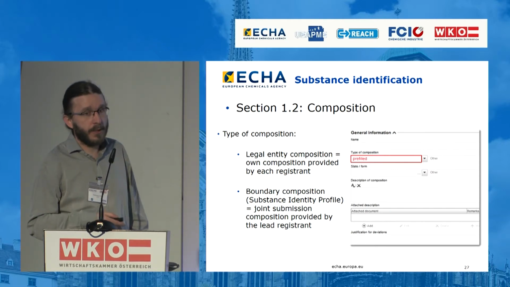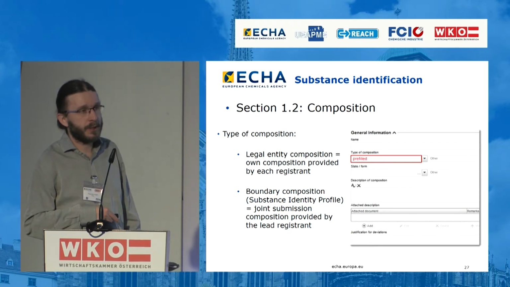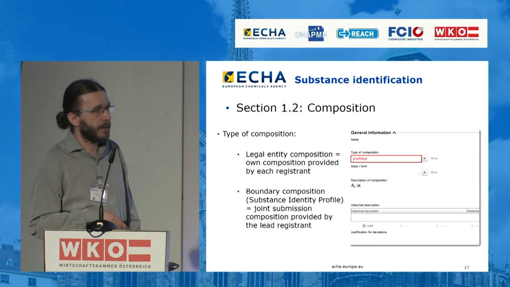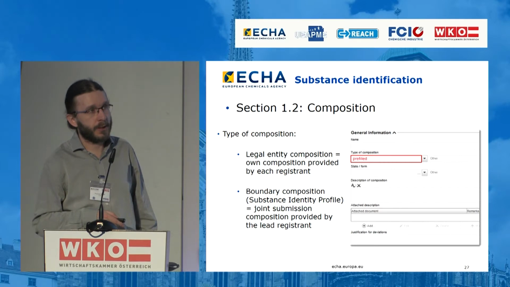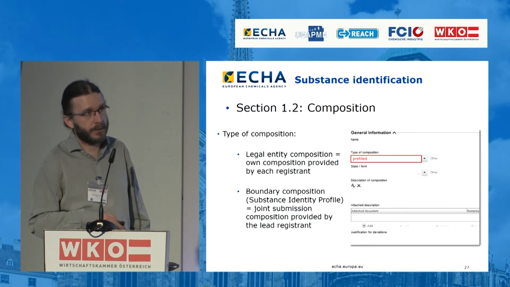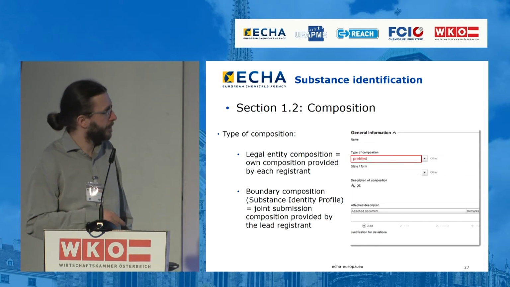In addition, the lead of a joint submission would provide what we call the boundary composition. That is the composition that describes all the different compositions covered by the joint submission. So in the lead dossier, we would have to have the lead composition and also the joint submission composition.